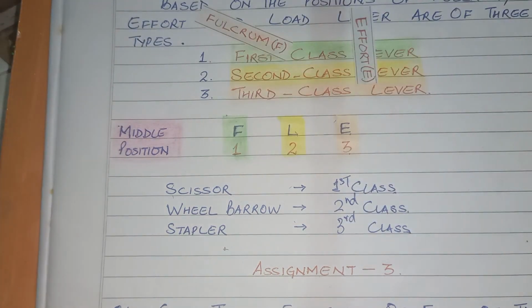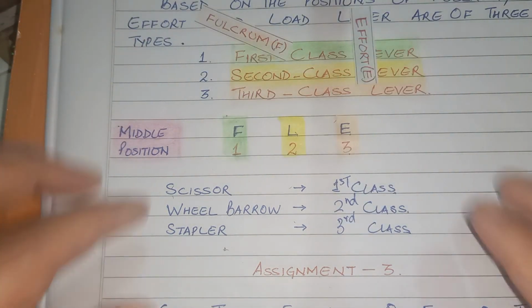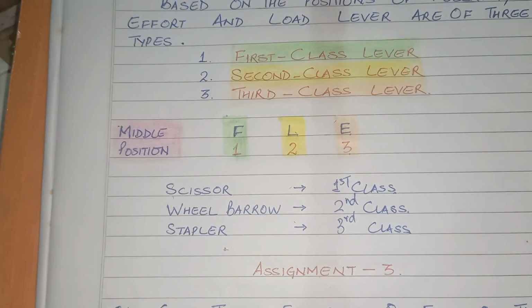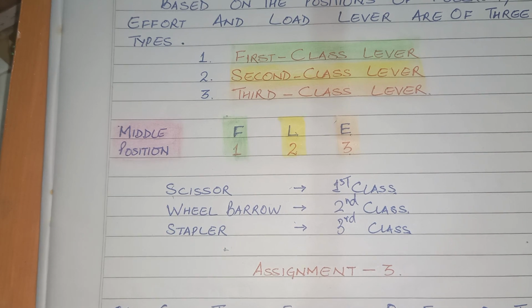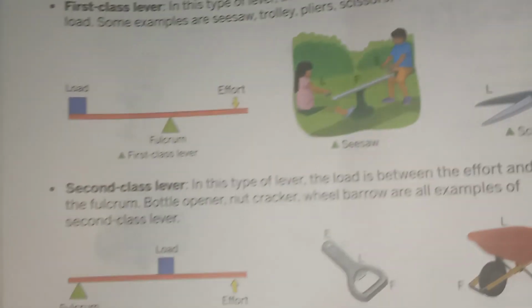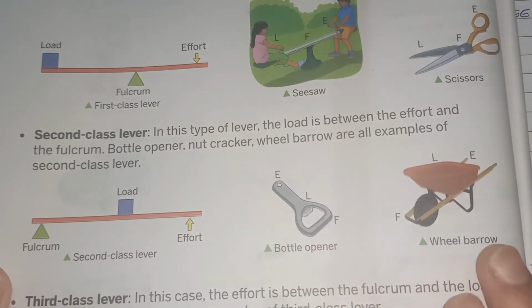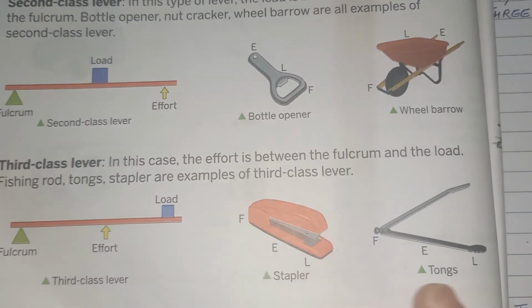So these are the three types of levers which we have, based on the middle position of fulcrum, load or effort. Now I hope you have understood the different types of lever. There are other examples given in your book: seesaw, scissors, bottle opener, wheelbarrow, stapler, tongs.